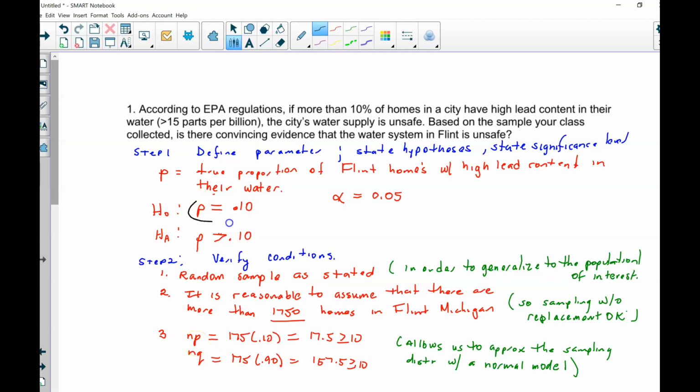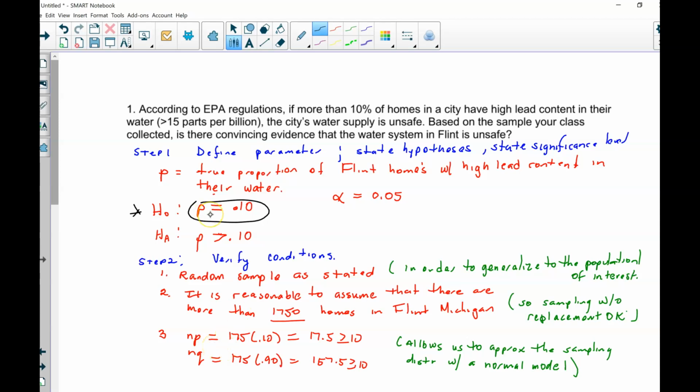Look at what is defined in the null hypothesis. This is what we're assuming to be true. So since we define in our null hypothesis what our true population proportion is, that's what you have to use in your success-failure condition.